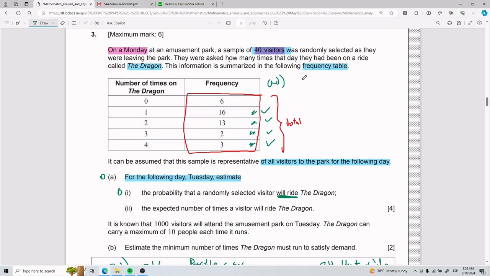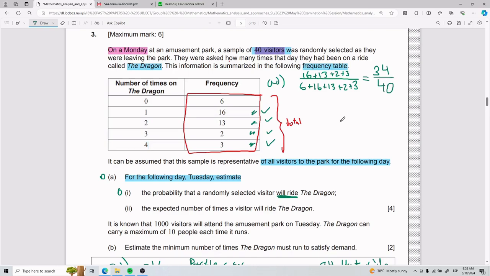So technically, I can do 16 plus 13 plus 2 plus 3 divided by 6, which includes this one, plus 16 plus 13 plus 2 plus 3. You can spend some time doing math, but eventually you're just going to find that you have 34 divided by 40. And so that is one way to do it.